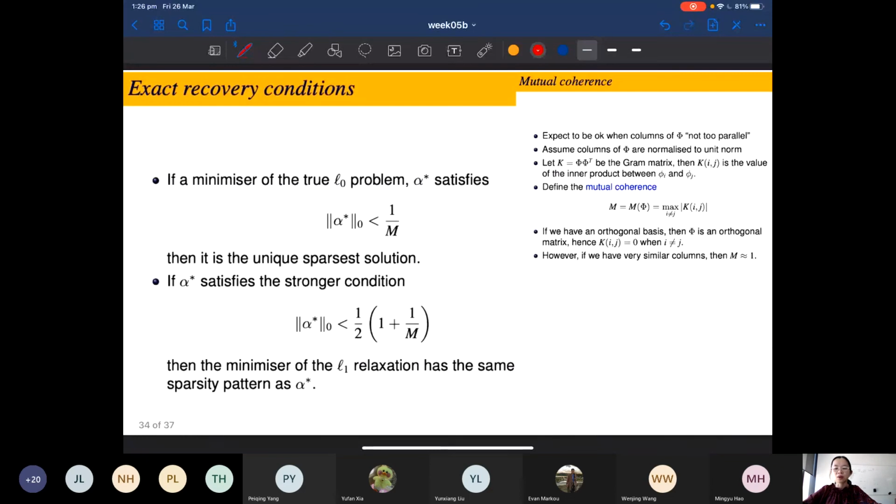So the last page basically talks about when exact recovery happens. If we know the exact minimizer that satisfies the L0 problem, let's say alpha star, and it has less than 1 over m entries being non-zero.